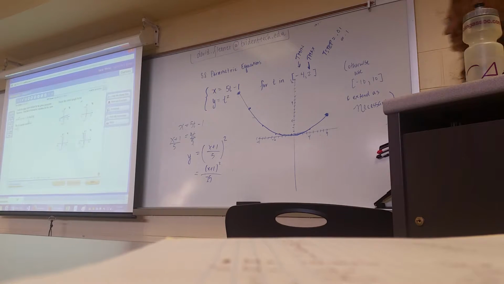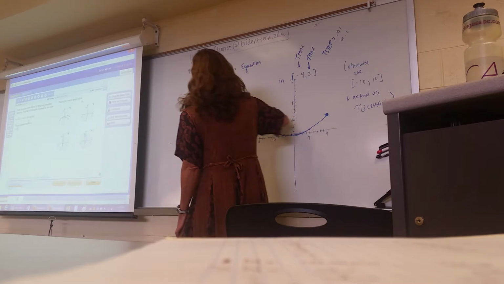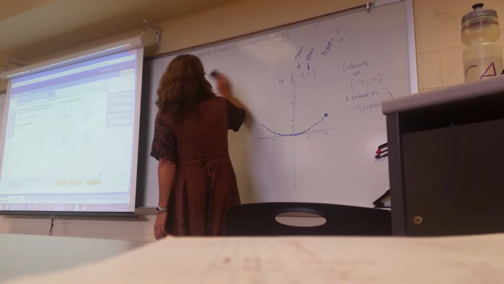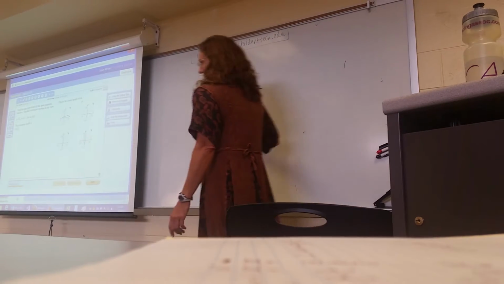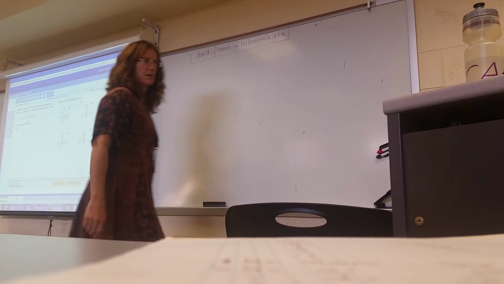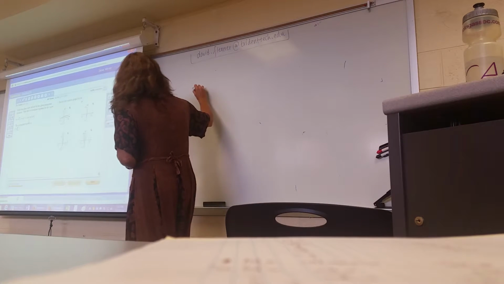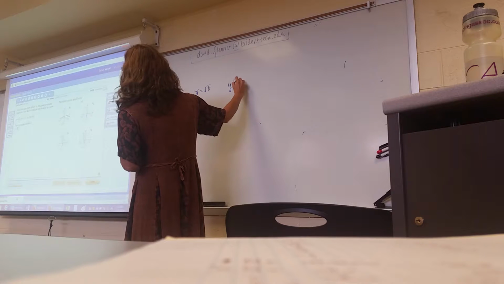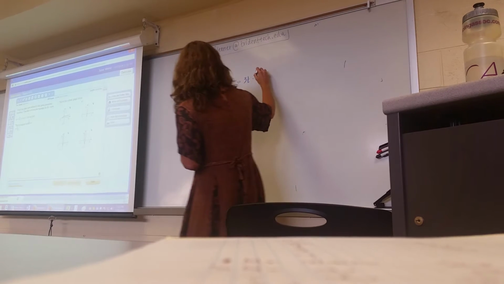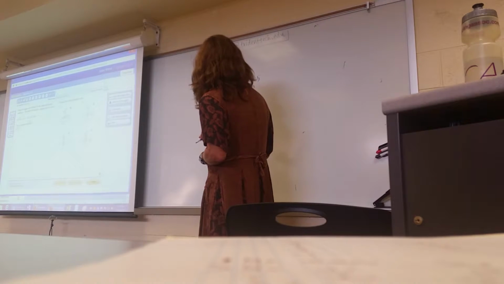The rectangular equation for this one. Let's see. X is the square root of t, and y is 3t minus 5. So this one would be the easiest to solve for.